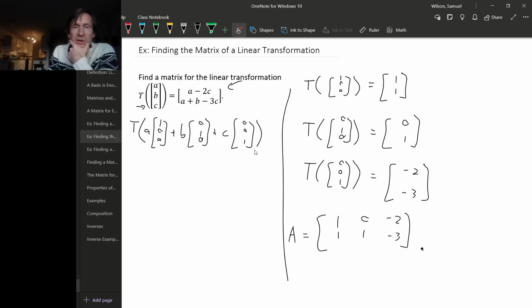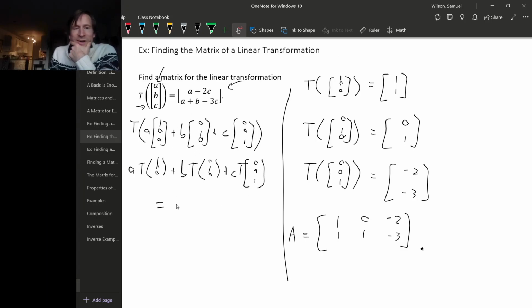We can pull apart this column vector. And since T is a linear transformation, we get A times T of (1, 0, 0) plus B times T of (0, 1, 0) plus C times T of (0, 0, 1).